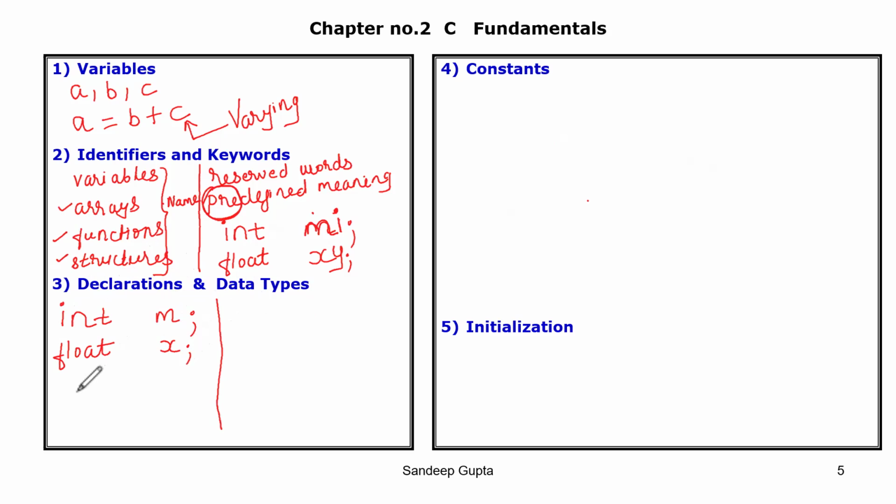Then I may write something like also this, double space, let's say a semicolon. Then I may write something like this, char space, let's say b semicolon. Or I may write something like int space c comma d semicolon. This is a comma, this one. And this is a semicolon.